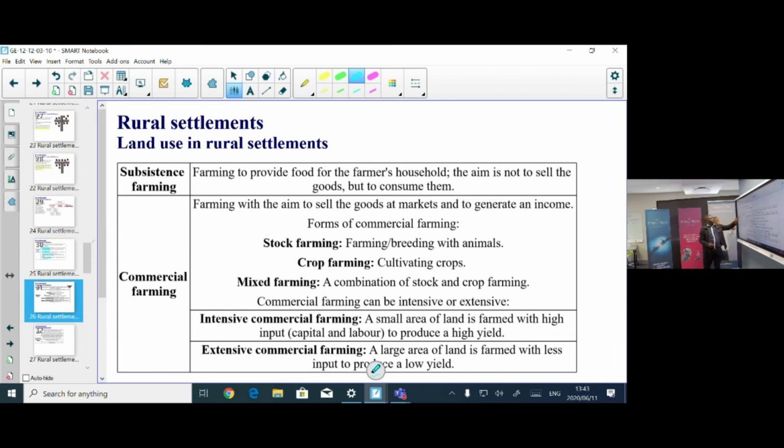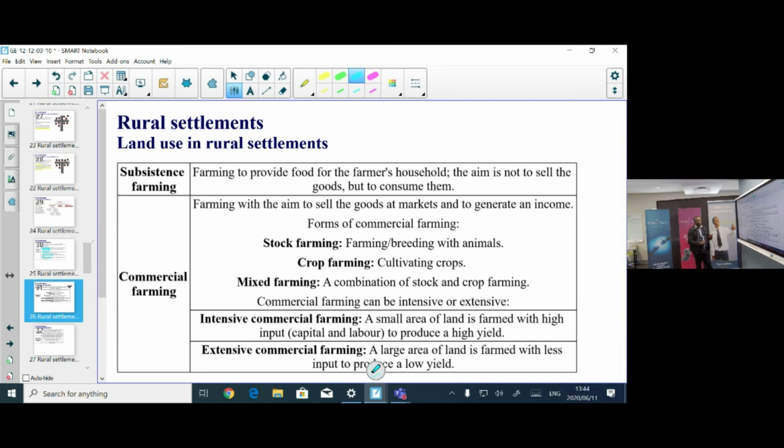Right, let's look further into subsistence farming and commercial farming and differentiate those two. Subsistence farming is farming to provide food for the farmer's household. So this is what I meant by saying for sustaining their livelihoods or for their own consumption. The aim is not to sell the goods, but to consume them.